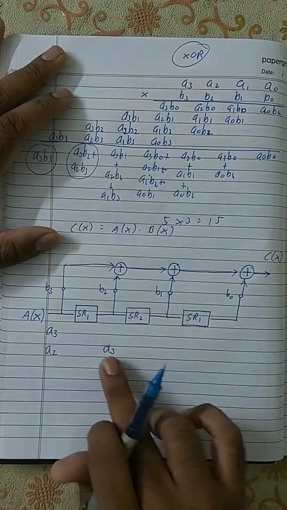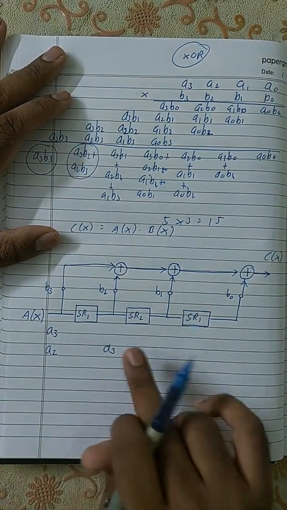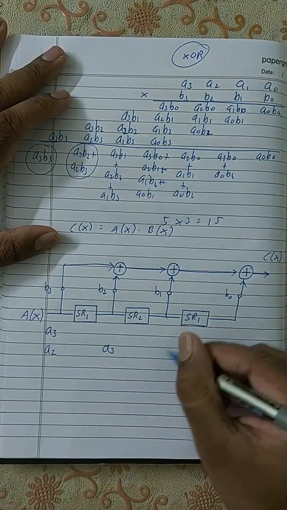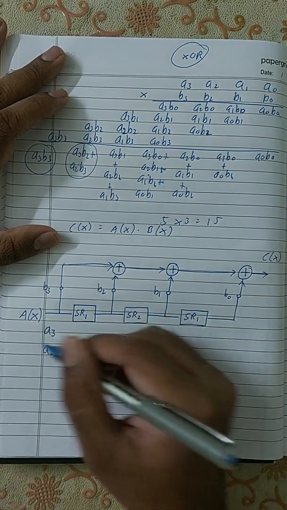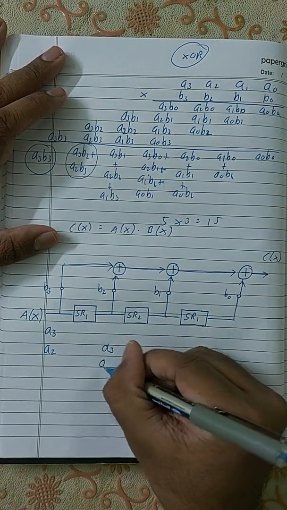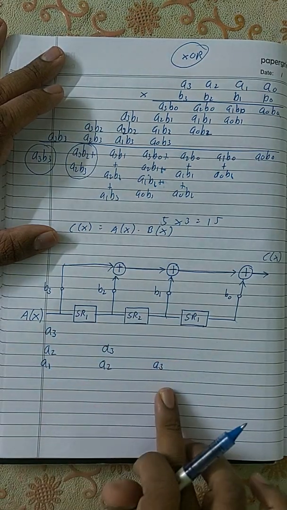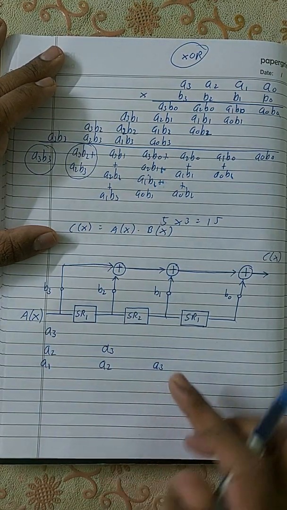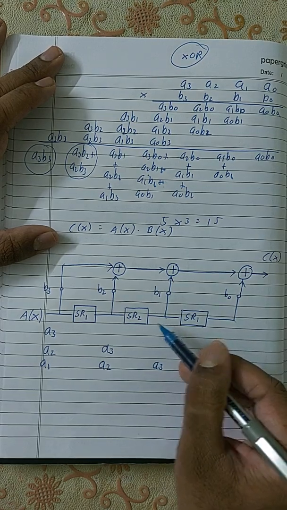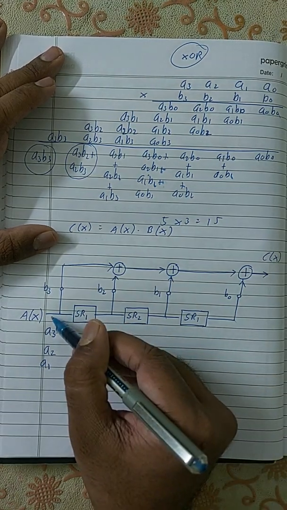And then at the next shift cycle, this A3 will be shifted over here, so this will become A3. A2 will be shifted over here, so this will become A2, and your next input will become A1. So here it will be A3, here A2, here A1.